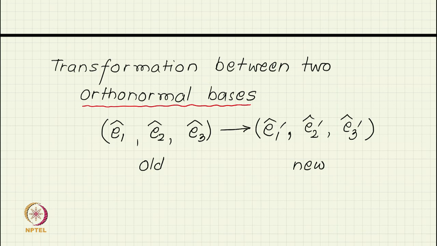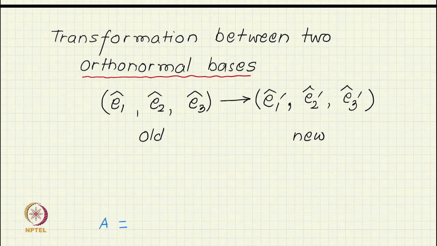We have two coordinate systems again. One is the old one, E 1 cap, E 2 cap and E 3 cap, and the new one, E 1 prime cap, E 2 prime cap and E 3 prime cap.